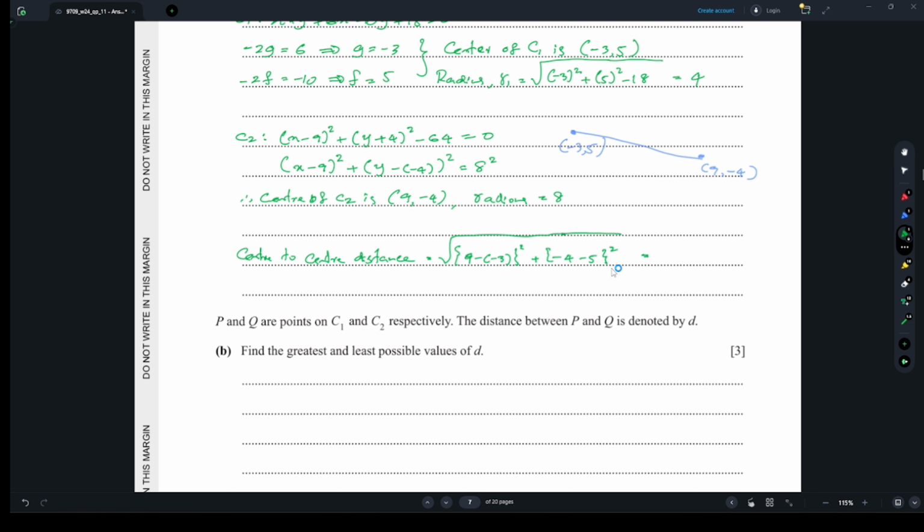So we will have 12 squared plus 9 squared, which is 225, so it's 15. Okay, this is the answer here.